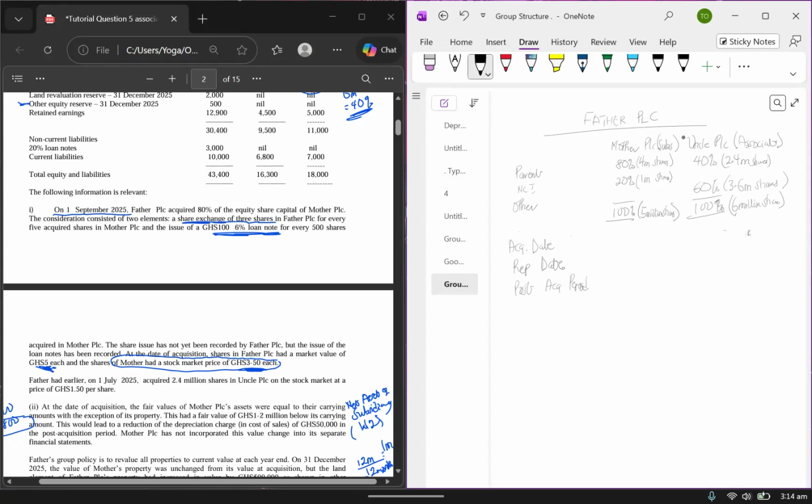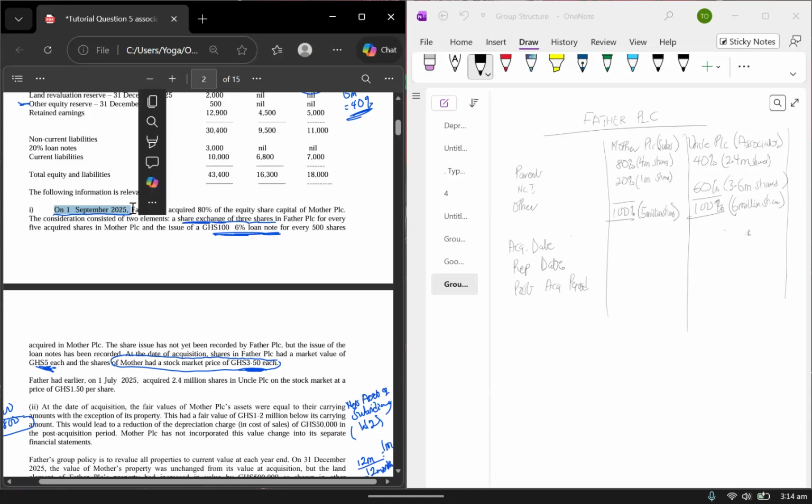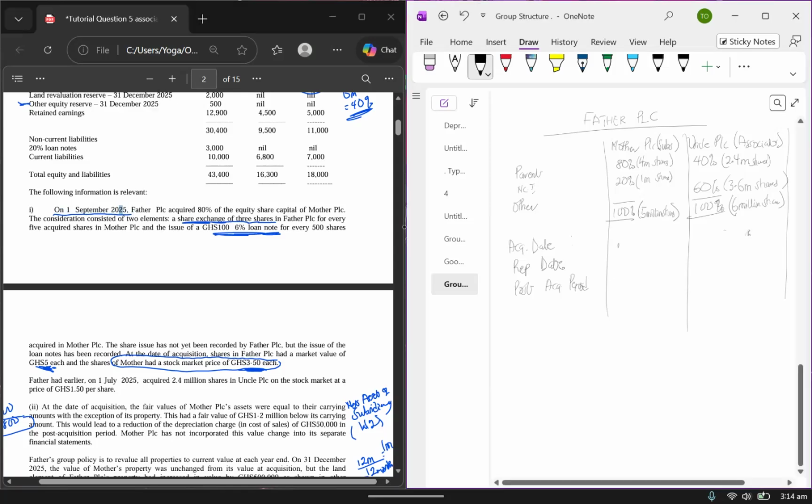Because you're having this side, you don't have to draw these lines, but I want to separate them so that you see which one belongs to Mother PLC and which one belongs to Uncle PLC. So we have the acquisition date for Mother PLC, which is 1st September. June, July, September; September is the 9th month. So 1st September 2025, and the reporting date is 31st December 2025, giving us 4 months.